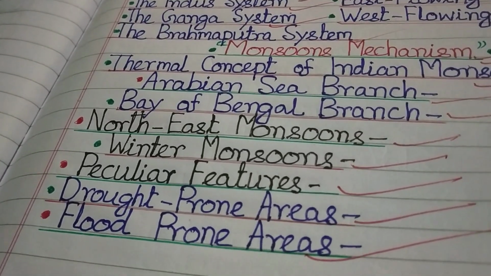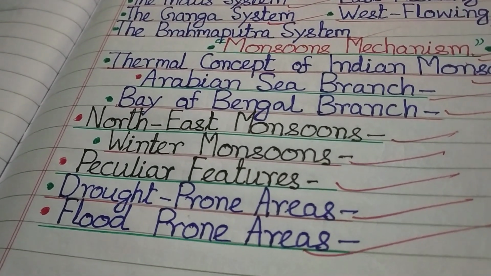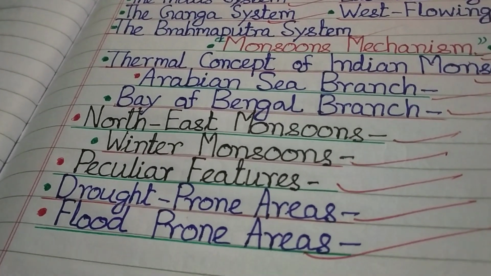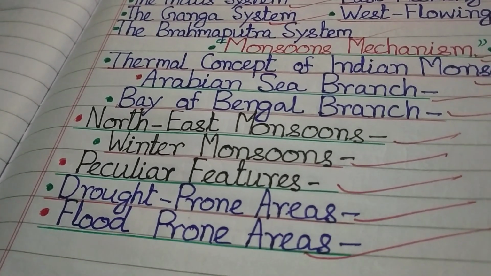The monsoon rainfall over the northern plains is assisted by west moving monsoon or cyclonic depressions.